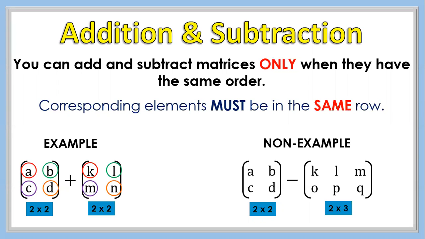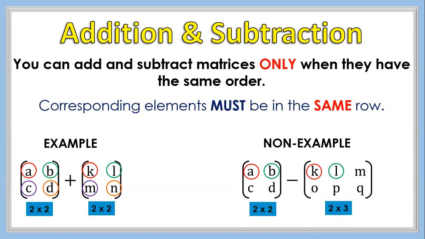Let us subtract and see if we are able to subtract these two matrices. So when we subtract, we take the first member of the first matrix and we subtract the first member from the second matrix. So A subtract K. Good.